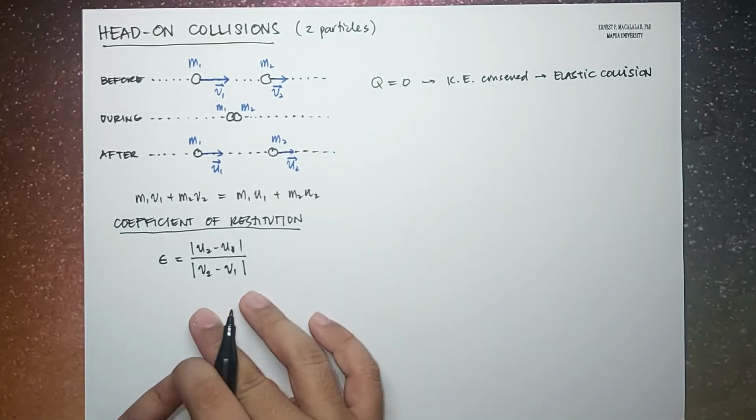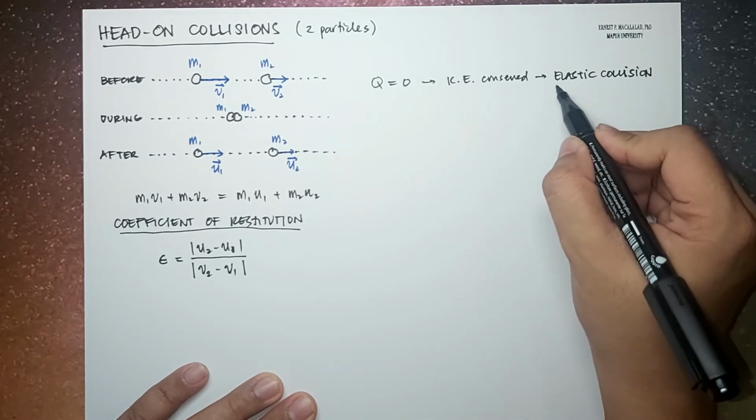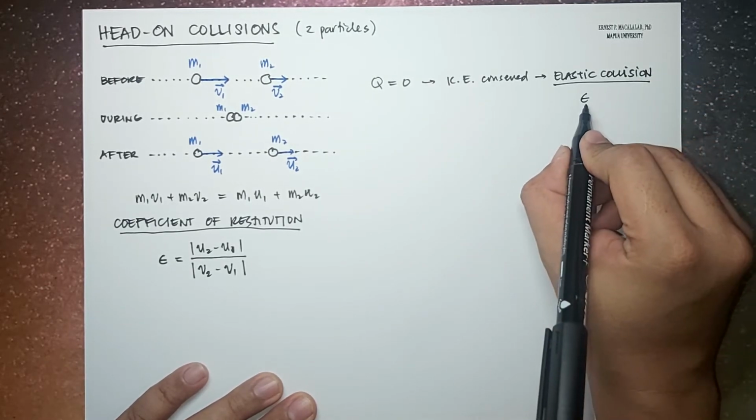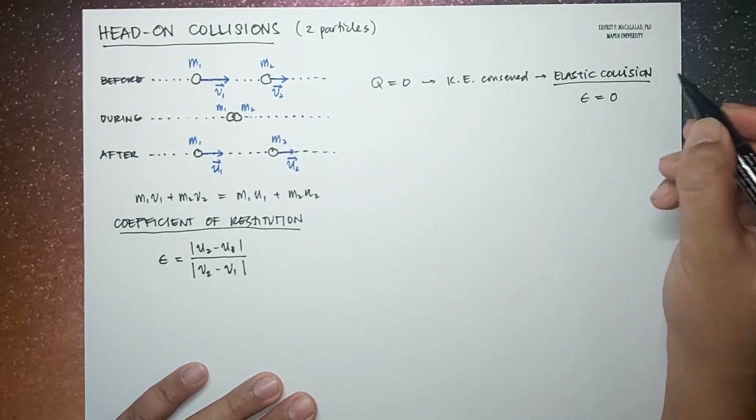In terms of the coefficient of restitution, an elastic collision has an epsilon equal to 0.